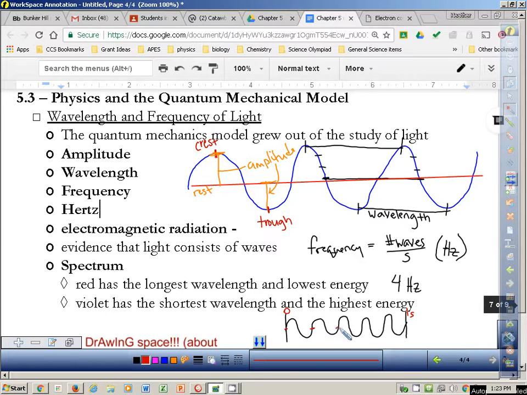There would be 2 complete waves, 3 complete waves, 4 complete waves, 5 complete waves. How many hertz is this? 5. You could either say 5 per second, or you could say 5 hertz. Either one of those works, okay?